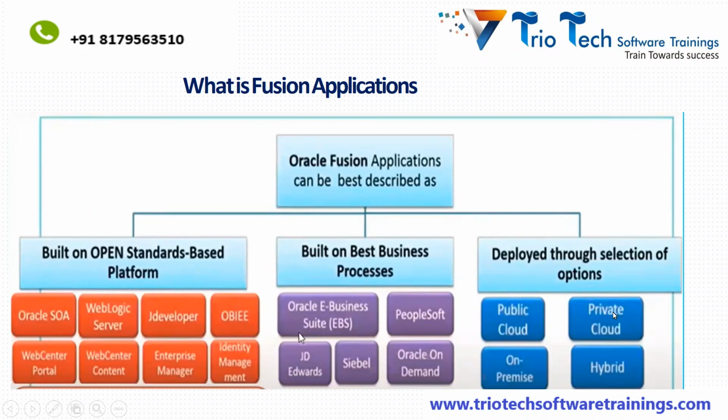Now the advantage of Fusion Cloud is that the infrastructure is maintained by Oracle, and all the server upgrades or any patches will be maintained by Oracle. So the company just needs to pay a subscription fee and then they can start using the Oracle Fusion product. So this is an overall picture of what Fusion applications are.